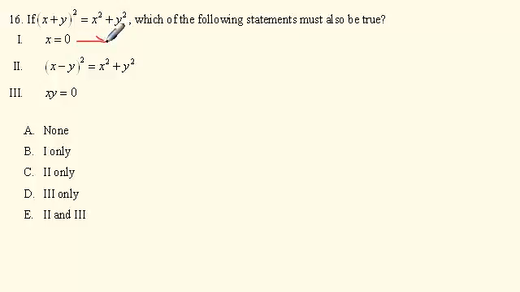In the first statement, we know that xy is equal to 0, which means x equal to 0 or y equal to 0, or both of them can be 0.